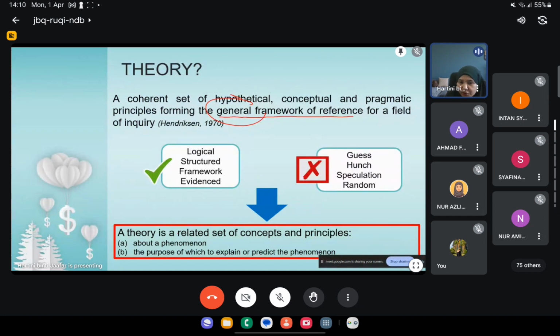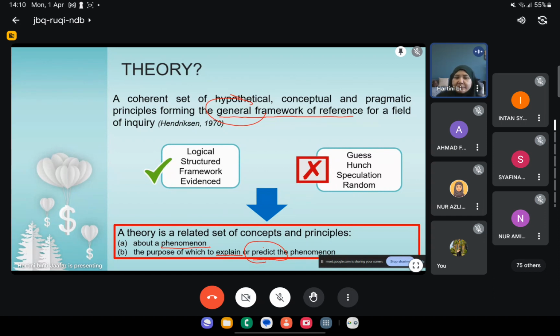So it explains a phenomenon, in which the objective of looking at the phenomenon or whatever event you're looking at is to explain why things happen, and then based on that, we are able to make predictions about the phenomenon if it happens again in the future.